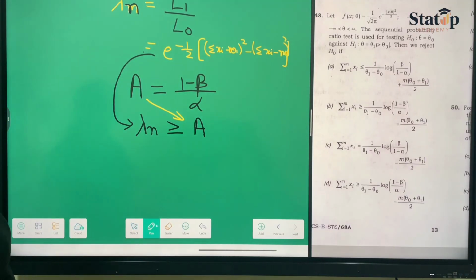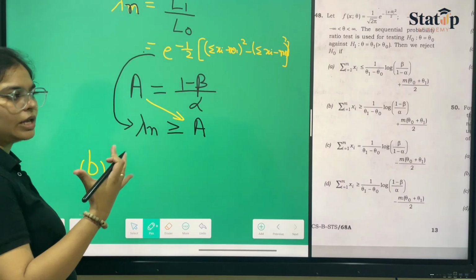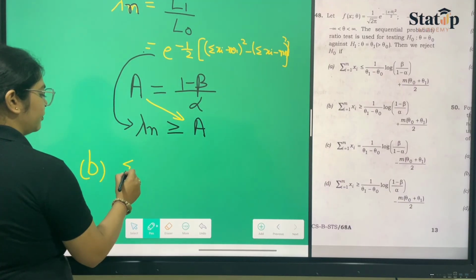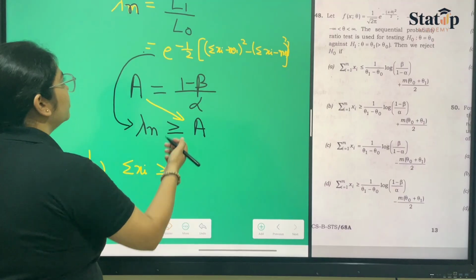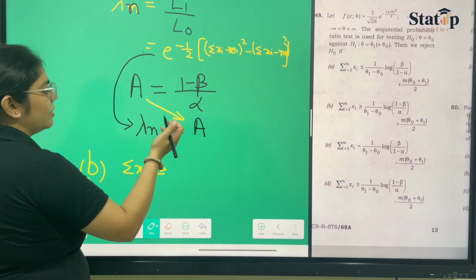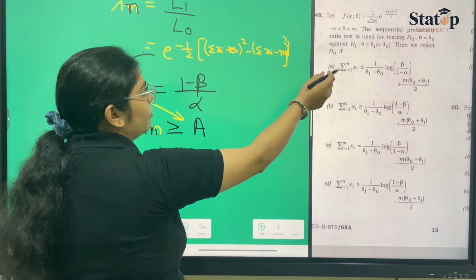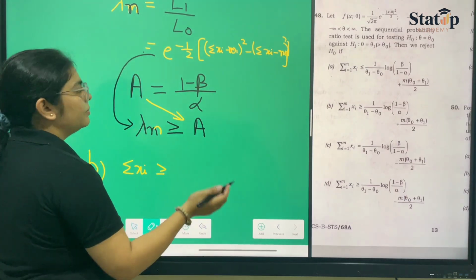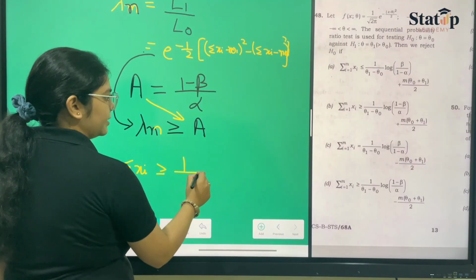On solving this, you will be getting option B as the correct option. Taking log on both sides, you will be getting a final answer: summation over xi is greater than or equal to, you can take it m or n, whatever, they have taken it equal to m, i goes from 1 to m, so lambda m or n, it doesn't matter.